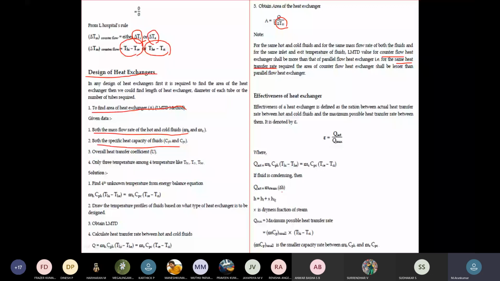You know what x is, what hf is, what hfg is. Then we can calculate this x and substitute, then we can calculate the h. Then this Q maximum is the maximum possible heat transfer rate. So that can be calculated with the m Cp.